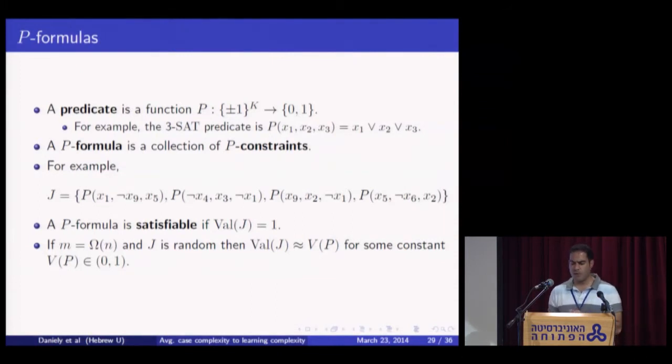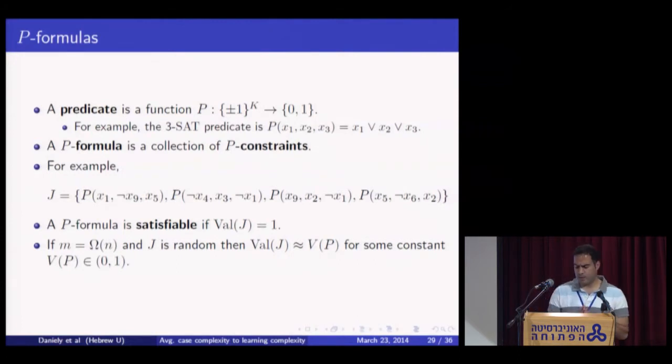A P formula is simply a collection of P constraints. For example, here J is a P formula, and as usual, we want to find an assignment to the variables that maximizes the number of satisfied constraints. As before, we can define the value of J as the maximal fraction of constraints that can be simultaneously satisfied, and we say that this formula is satisfiable if its value is 1.